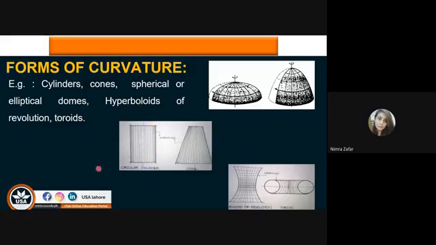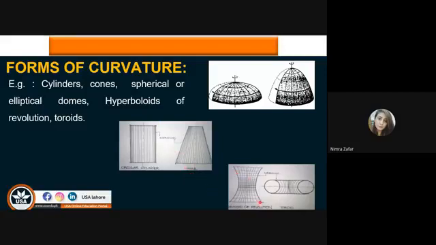So if you see the circular cylinder, we have this axis of revolution, along which this circular cylinder will revolve. If you talk about the cone, we have this axis of revolution along which the cone will revolve.